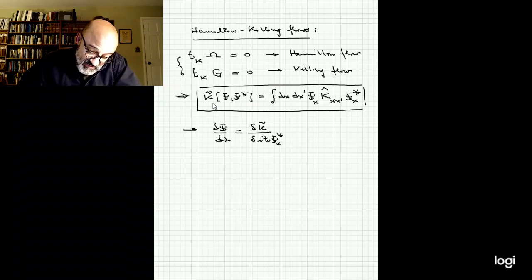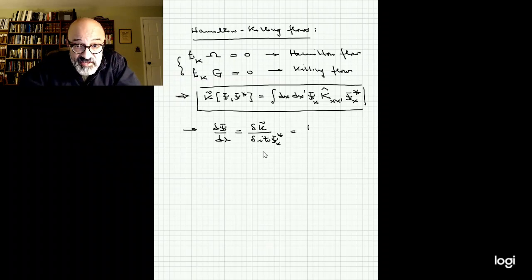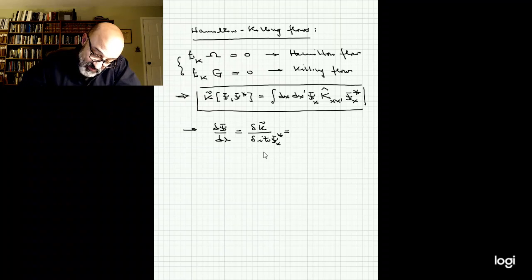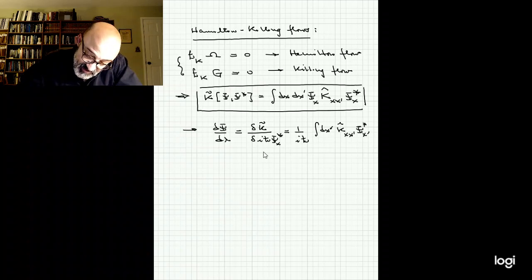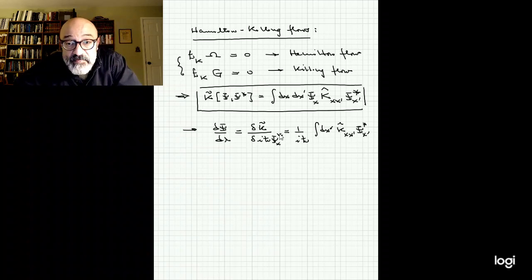And that is going to be linear. There is the 1 over i h-bar there. So this is going to be 1 over i h-bar, the integral over x prime of k x prime psi x prime star. Here there is a prime missing.